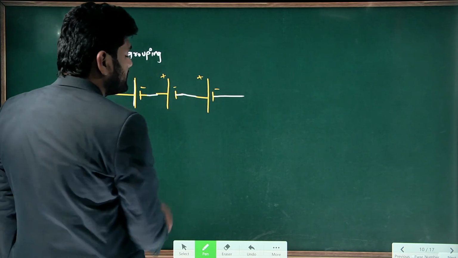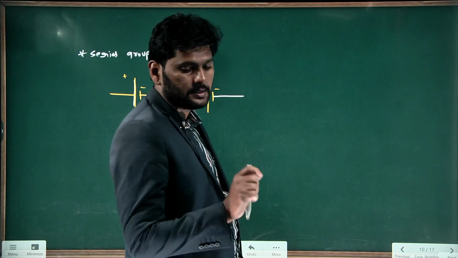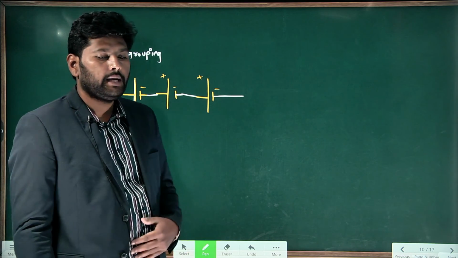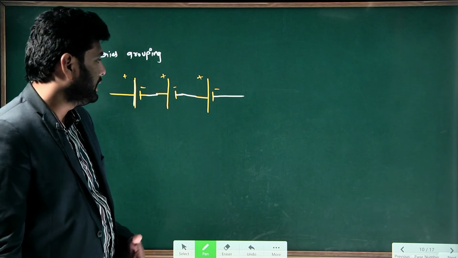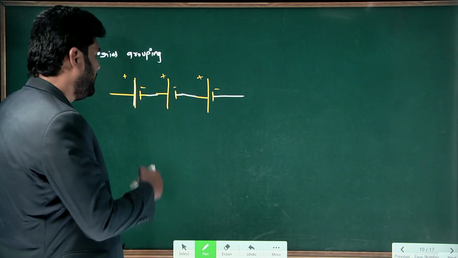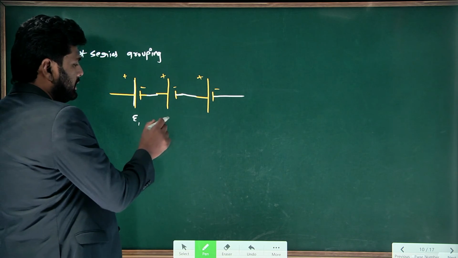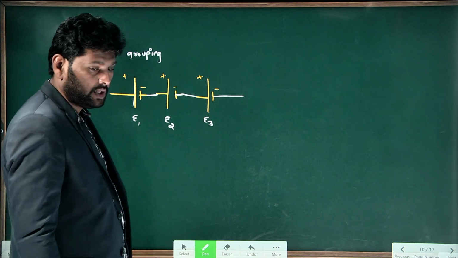This connection is known as series connection or series grouping of the cells. What is the use of these connections? If you connect these cells in series, the first cell has EMF E1, the second E2, the third E3.